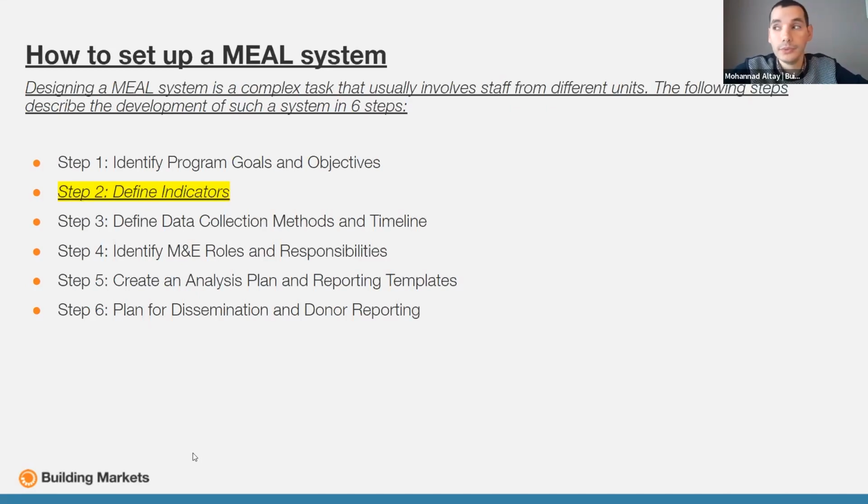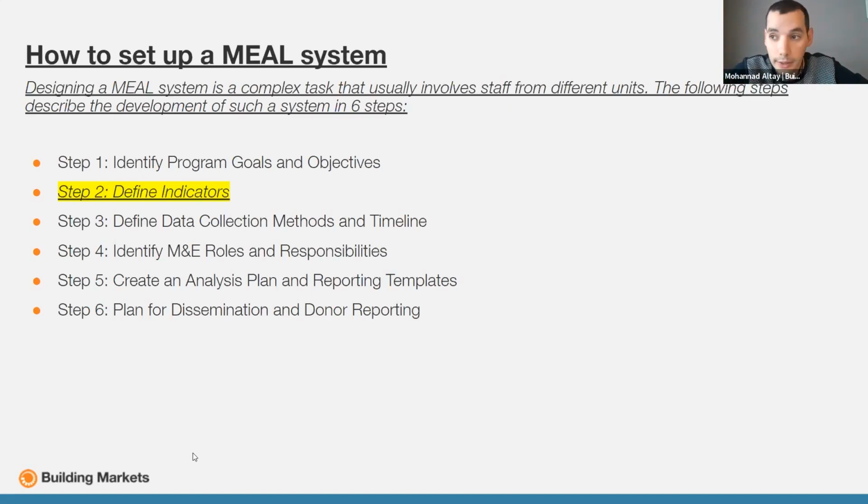So we have 6 steps that we should follow when we are starting a new project or when we are developing our already existing MEAL systems. The first step is to identify the program goals and objectives, to have clearly stated and very clear goals and objectives for the project in general and for each service in particular. This is step one.